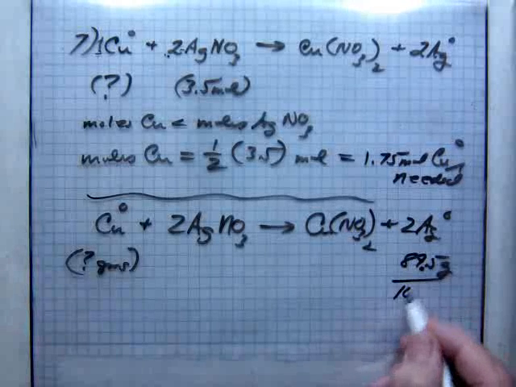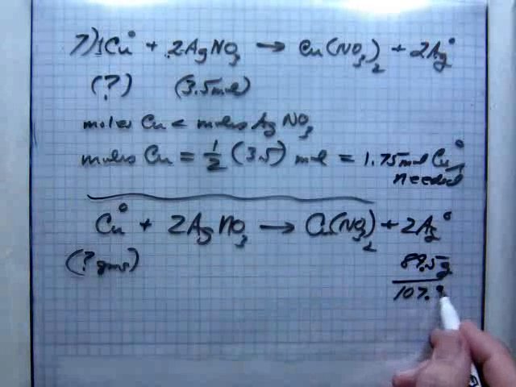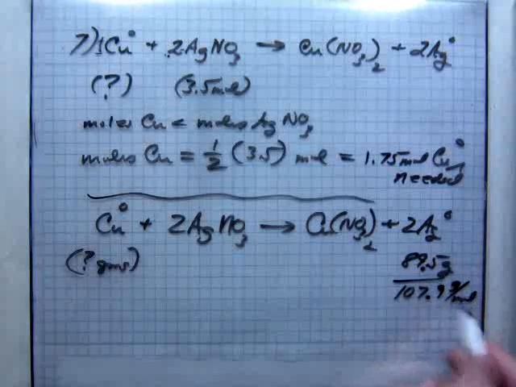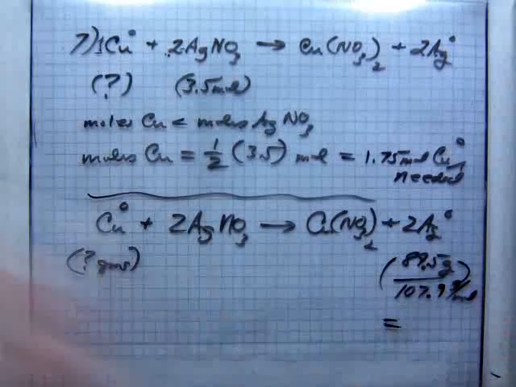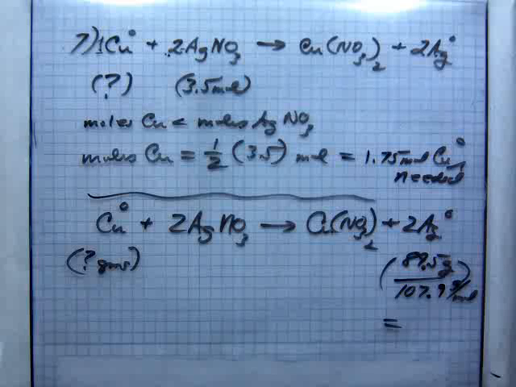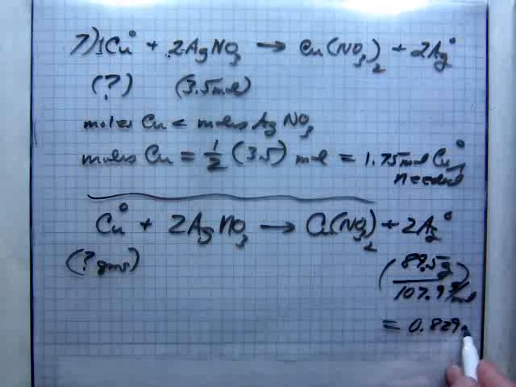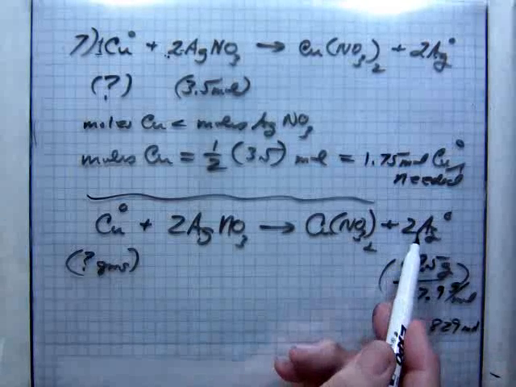Divided by 107.9. .829 mole of silver was produced.